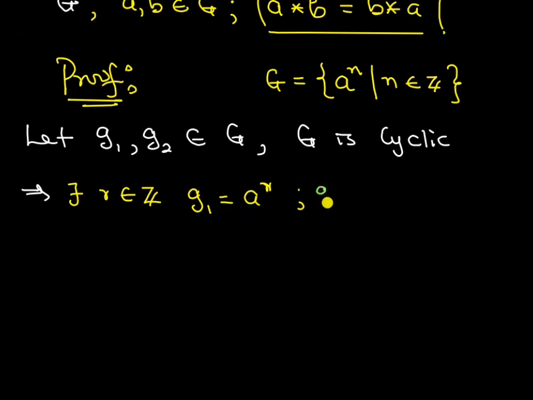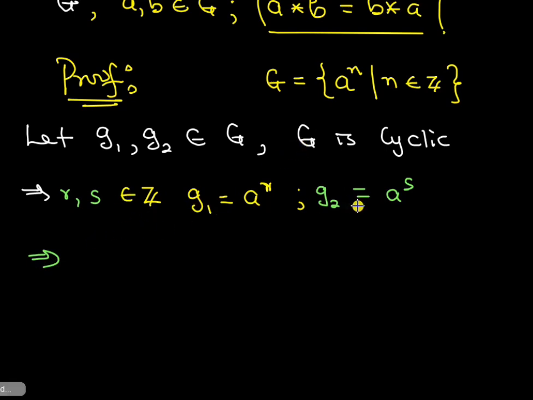So if G2 is in G, that means it's also A raised to the power of something in Z. So let me redefine here. Let us have R and S in Z. So R gives G1 and S gives G2. Okay, and this is because of the cyclic property of G.